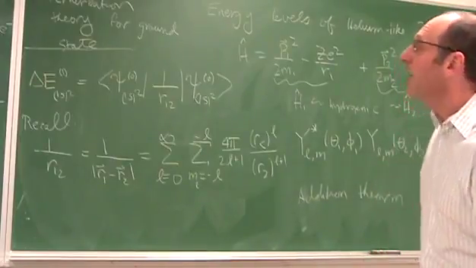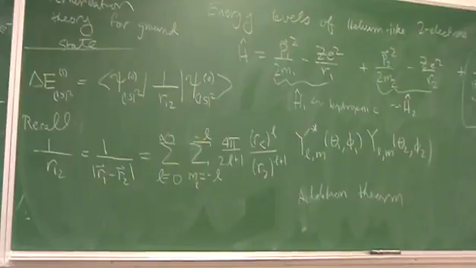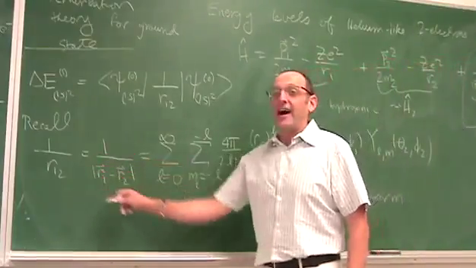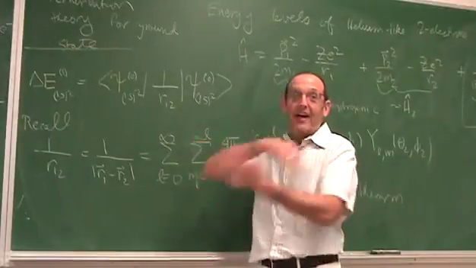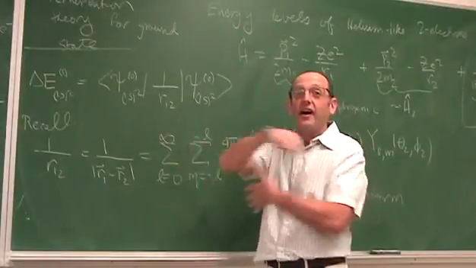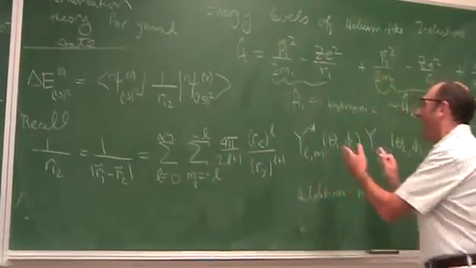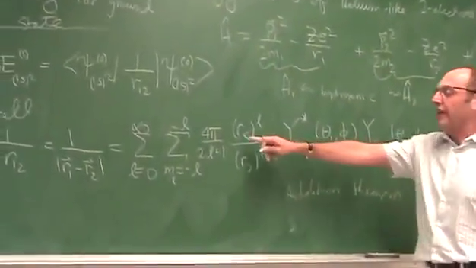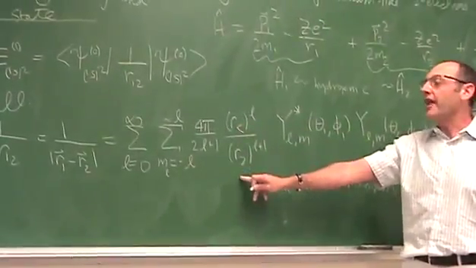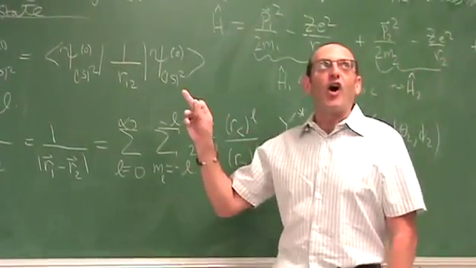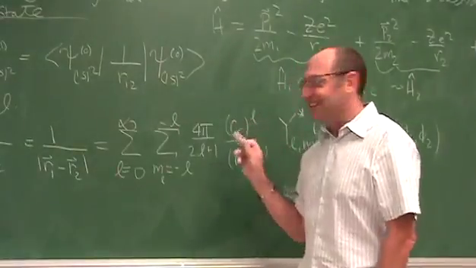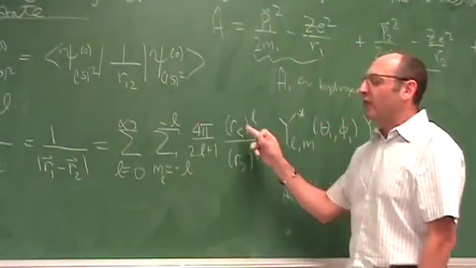It says if I re-express coordinates R1 and R2 in spherical coordinates R, theta, phi, then I can re-express this complicated thing, which is going to involve all kinds of products of the thetas and the phis and so forth, in terms of a sum of products, where the R less than and the R greater than mean whichever one is smaller.